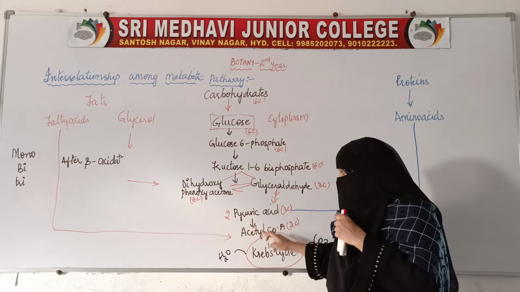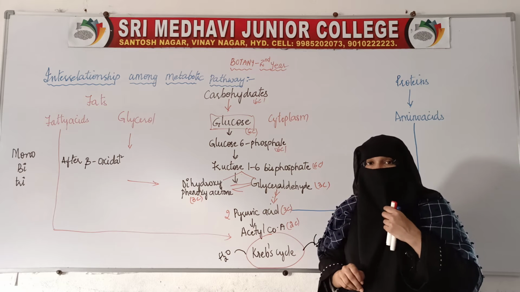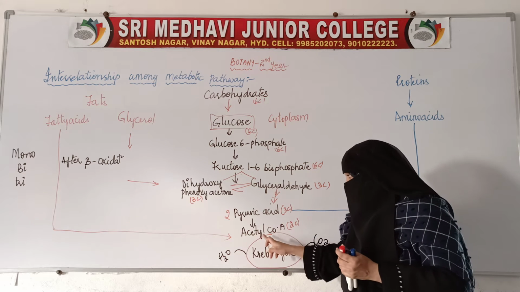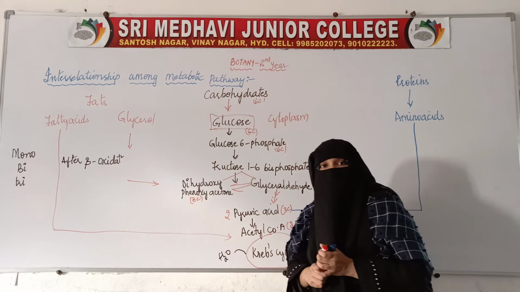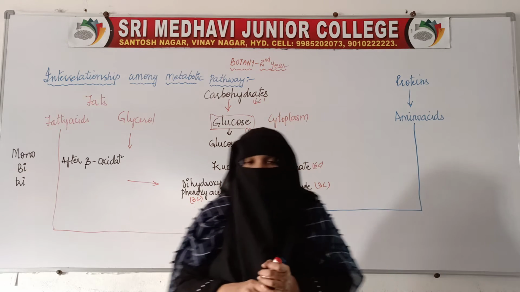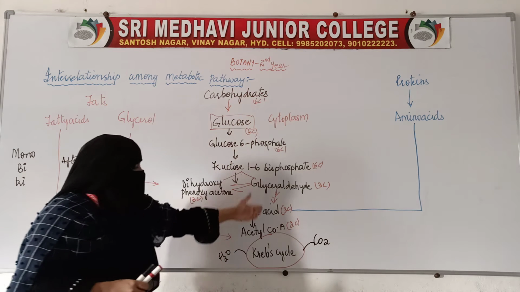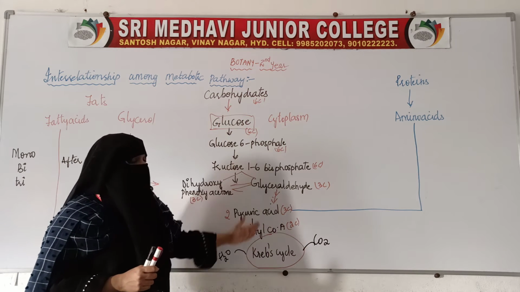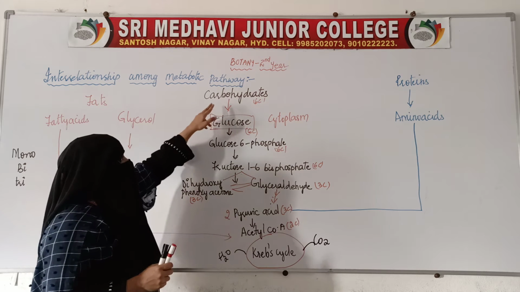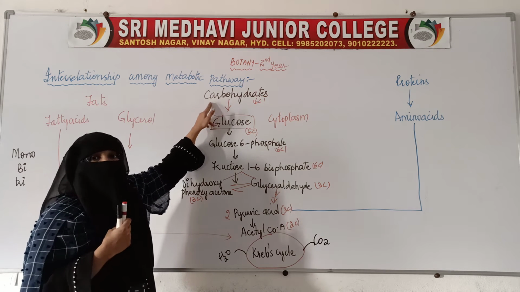Pyruvic acid then changes into acetyl coenzyme A with the release of a carbon dioxide. Then this acetyl coenzyme A enters into the Krebs cycle, thereby releasing carbon dioxide and water. So these are the total steps of aerobic respiration when carbohydrate is taken as the substrate.